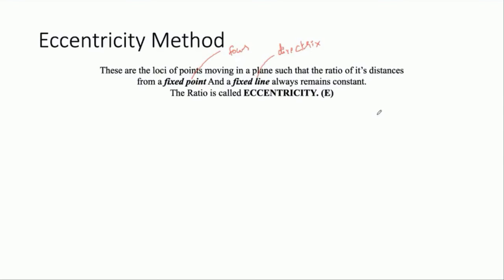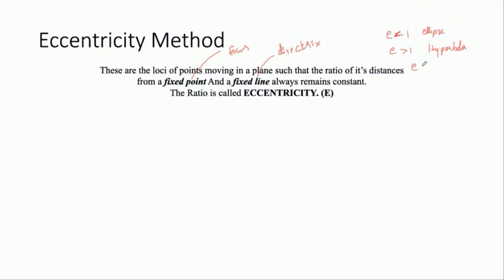So for the eccentricity value, when E is less than 1, it is an ellipse. E value greater than 1 will be a hyperbola.